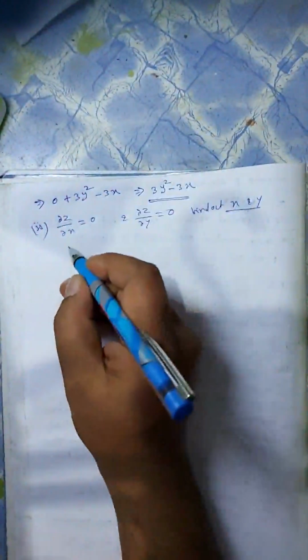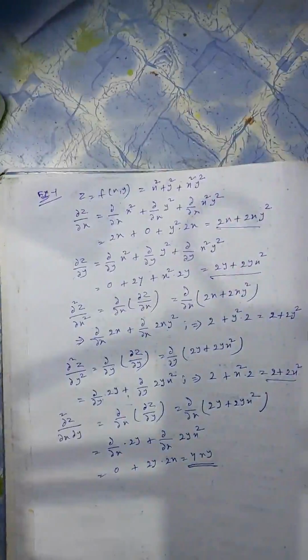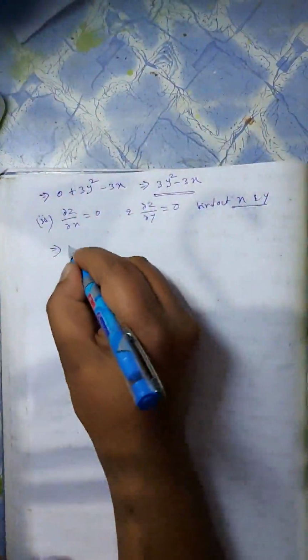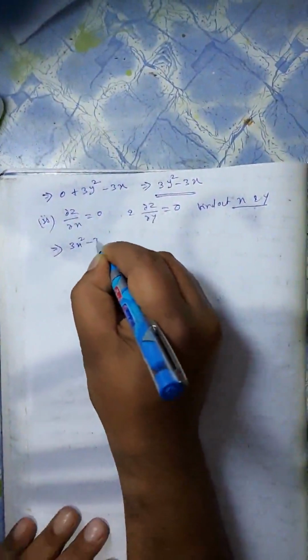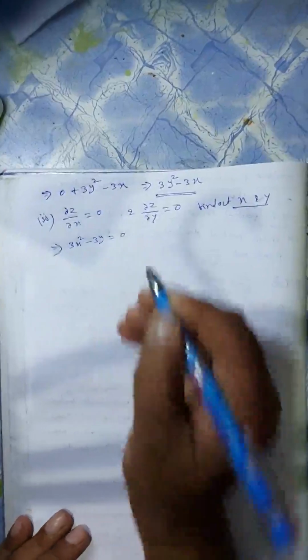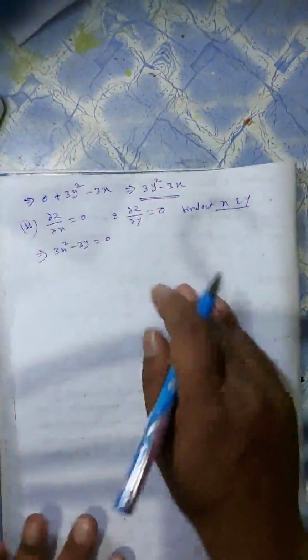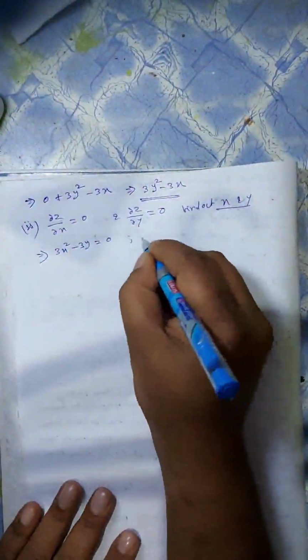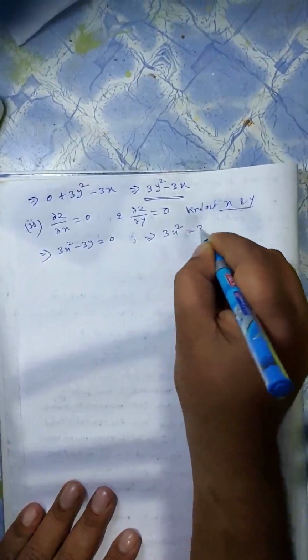Then dou z by dou x is equal to 0, that means 3x square minus 3y is equal to 0. That means 3x square is equal to 3y.